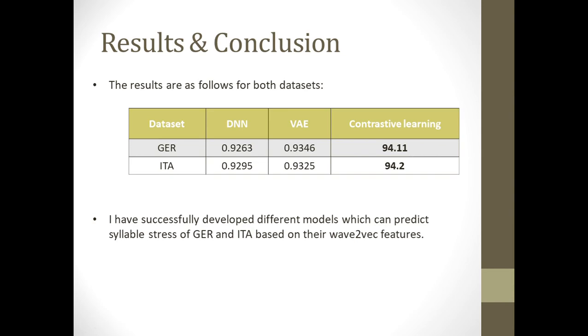My maximum accuracy across different models was 95.83 in German and 95.5 in Italian. So I have developed different models using German and Italian data sets, which can predict syllable stress using their features. Thank you, and that's it.